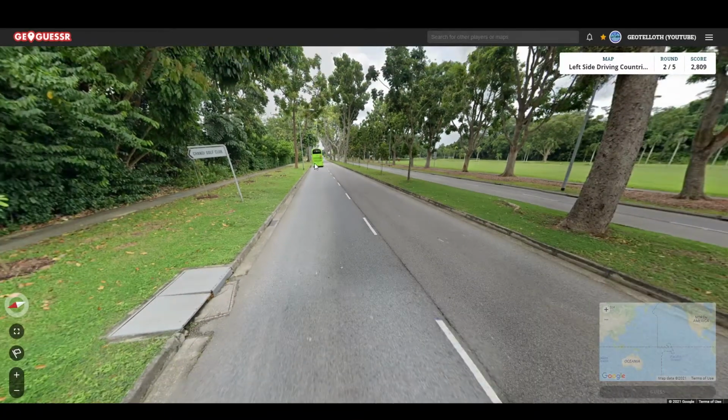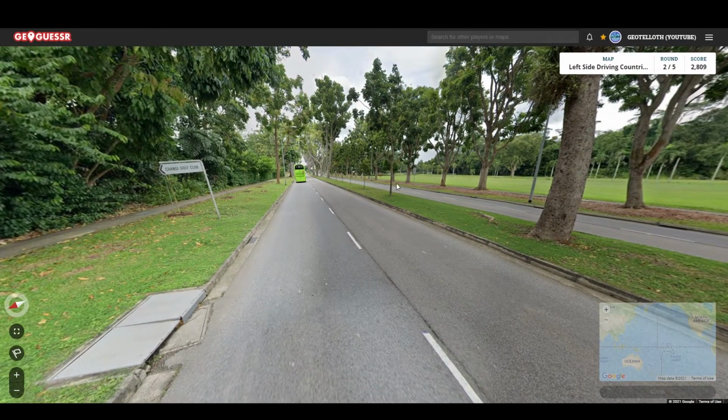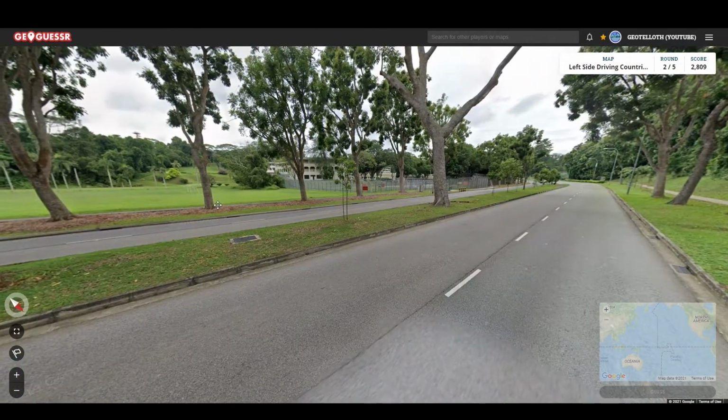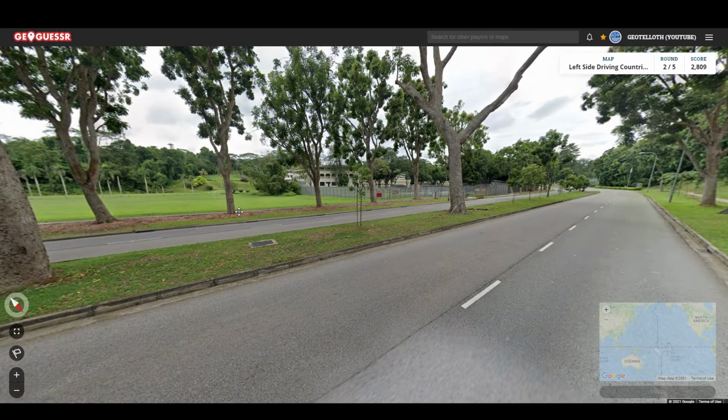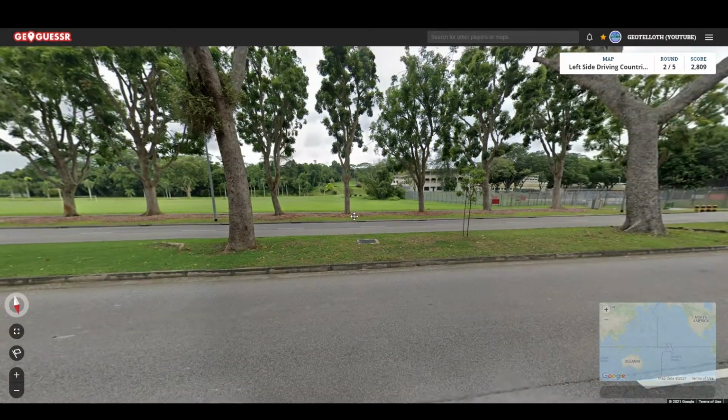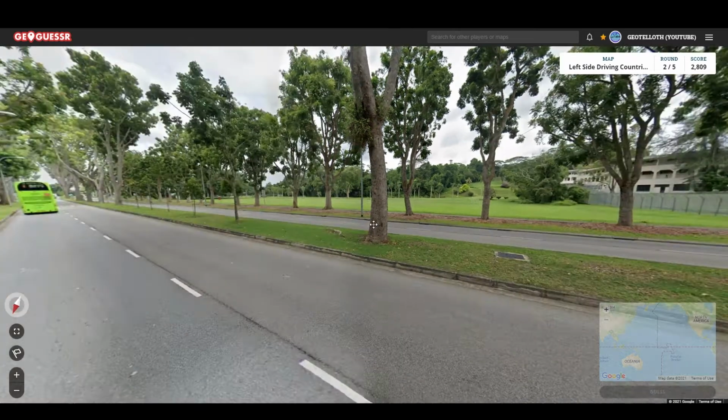Another way to tell this is Singapore: usually you'll be in a big city, big skyscrapers. It'll look quite like an American city, but driving on the left, of course. It's easy sometimes to confuse it with Australia, like some of the bigger cities in Australia.